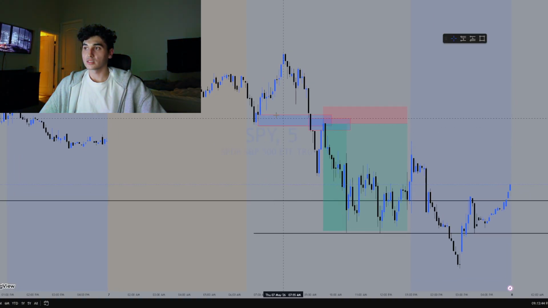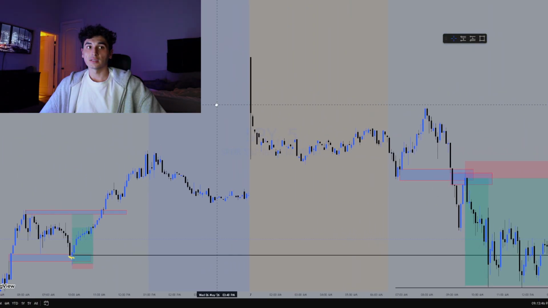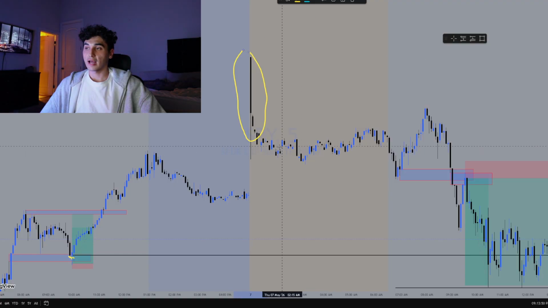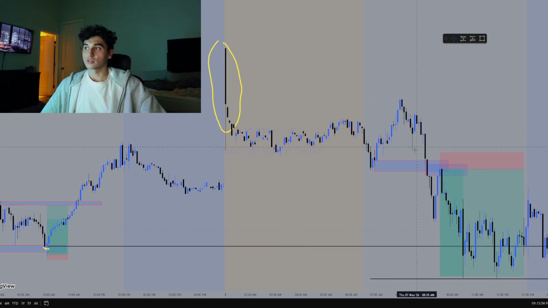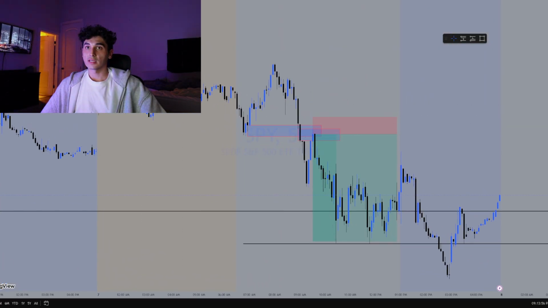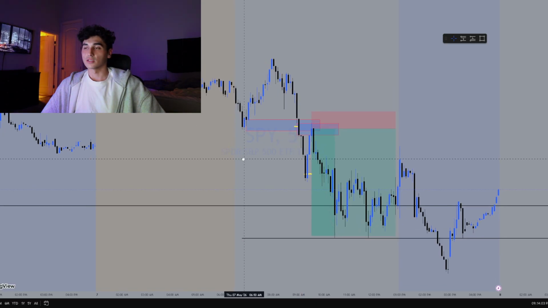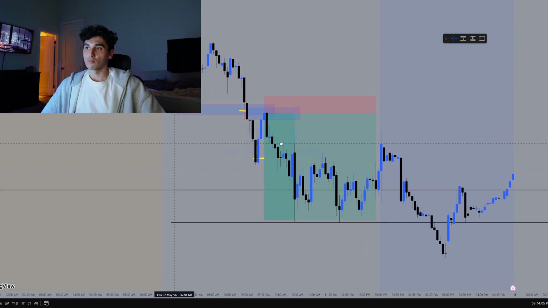Because in this case scenario here, understanding that price was super strong during pre-market to the downside, super bearish, and pretty much all throughout the day price was looking bearish. If I were to take some sort of long here or some sort of long here, it just wouldn't make sense because we're not trading with the overall momentum.